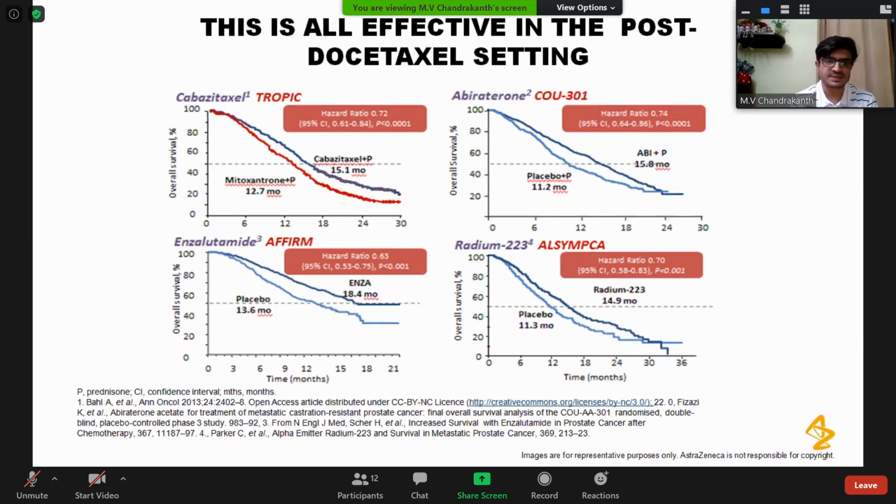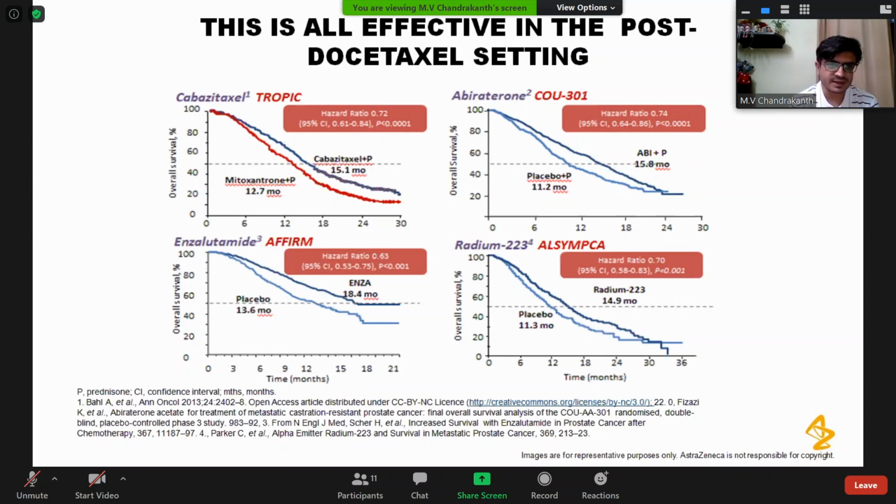So then, post docetaxel, we have all these drugs being approved in the CRPC setting. We have cabazitaxel, which is the TROPIC trial that said that those patients who progress on docetaxel respond to cabazitaxel, which was a positive trial. You can see the hazard ratio of 0.72 and the overall survival 15.1 versus 12.7 months.